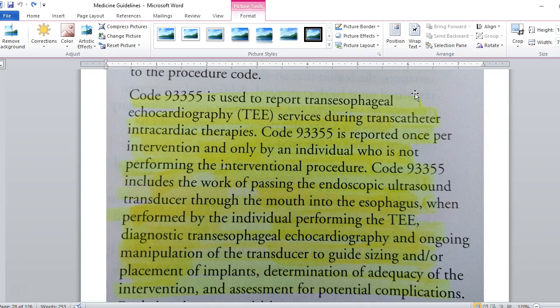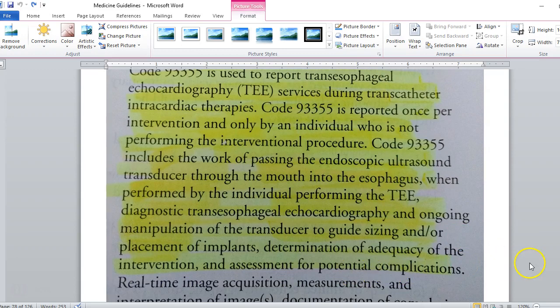Code 93355 includes the work of passing the endoscopic ultrasound transducer through the mouth and into the esophagus when performed by the individual performing the TEE, diagnostic transesophageal echocardiography, and ongoing manipulation of the transducer to guide sizing and/or placement of implants, determine the adequacy of intervention, and assessment for potential complications.